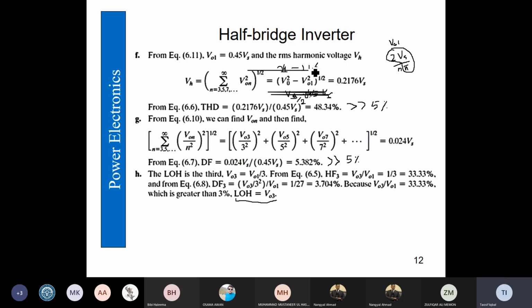So we take the difference and then take the square, that is 0.2176 Vs, which we are going to just divide by first fundamental voltage, which is 0.45 Vs. So therefore we will be getting a very high total harmonic distortion, which is 48.34%, which is too large as compared to 5% total harmonic distortion that is allowed by the IEEE standards.